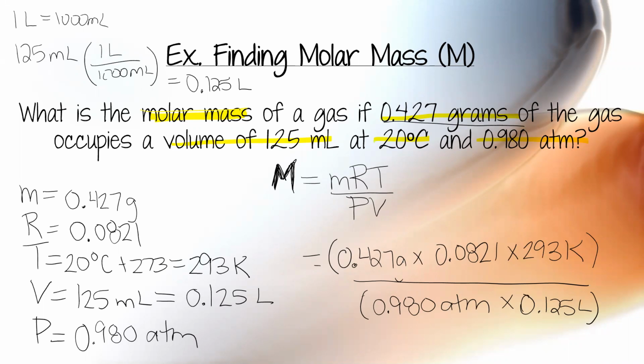So do the whole top divided by the whole bottom. I get my molar mass equal to 83.94. And what's the unit for molar mass? Grams over moles.